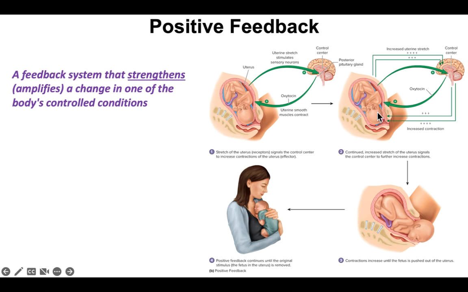And this amplifies and amplifies, right? We've probably heard of women having contractions that get more severe, stronger contractions and more frequent contractions. That's because of this amplifying production of oxytocin. Eventually, there's enough contractions to push the baby out. So that's an example of positive feedback, normal childbirth.